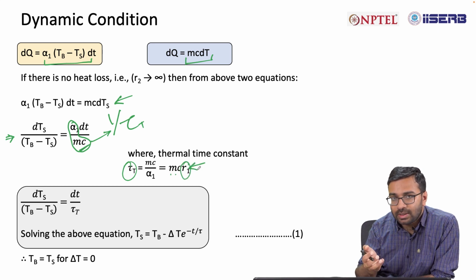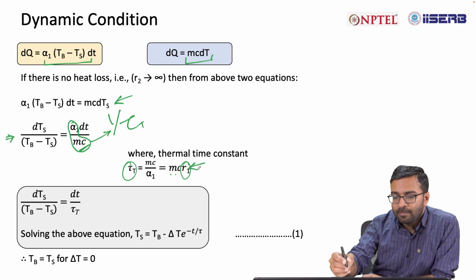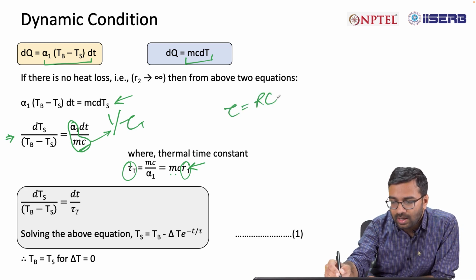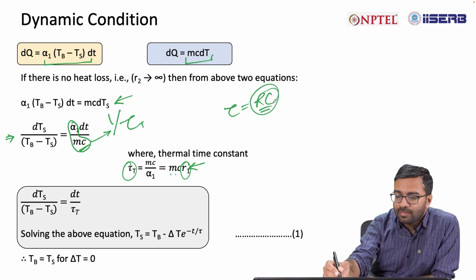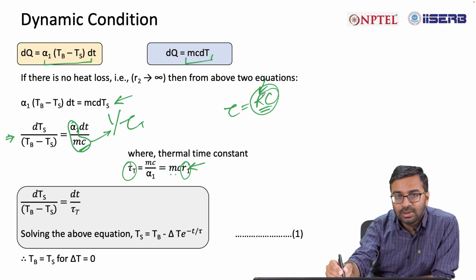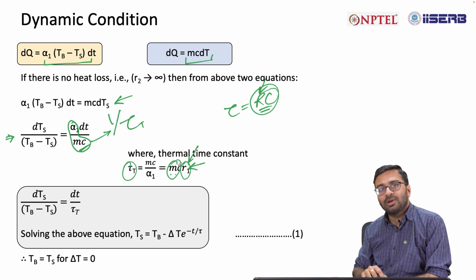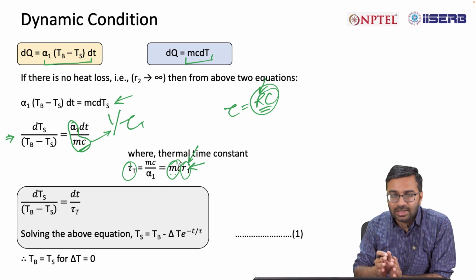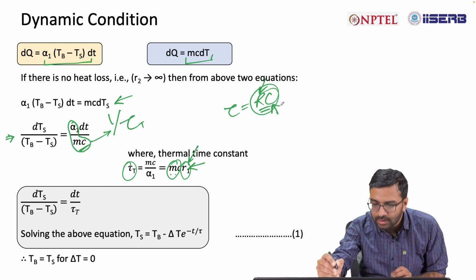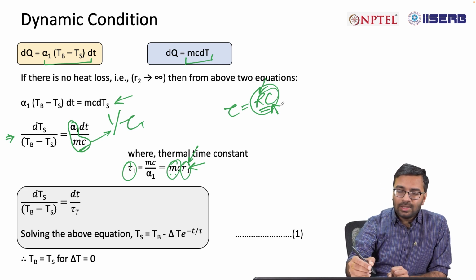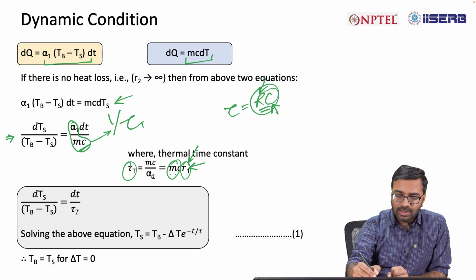In an electrical RC circuit, you will find the time constant is nothing but RC. R1 here, the electrical resistance, is equivalent to the thermal resistance, and m and c is the quantification of the thermal energy that is getting stored, which is equivalent to the capacitor. So, your time constant in this case is m into c divided by alpha 1.